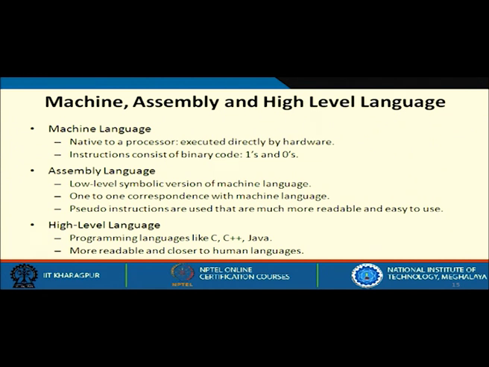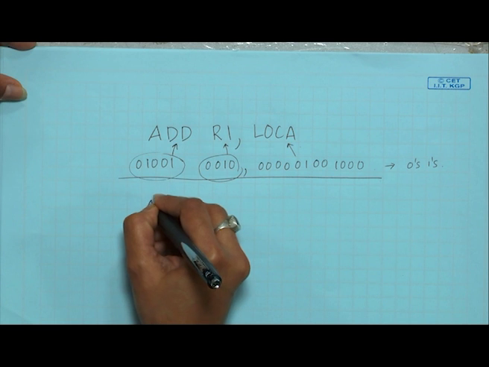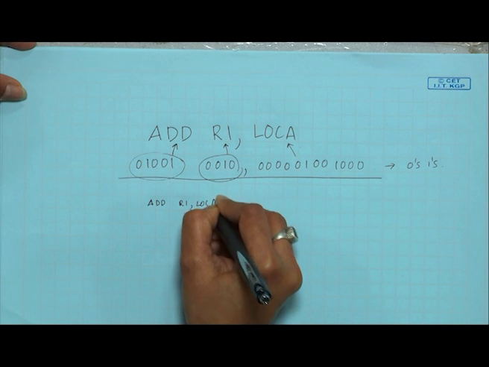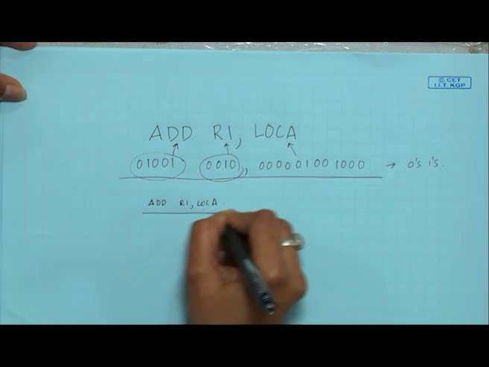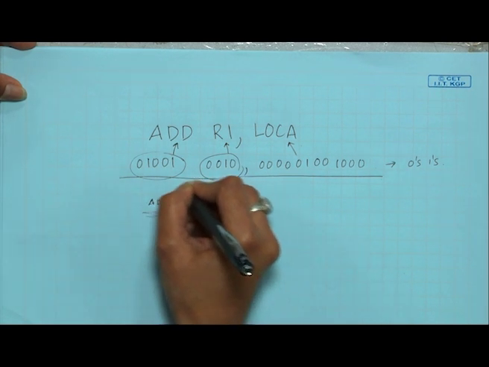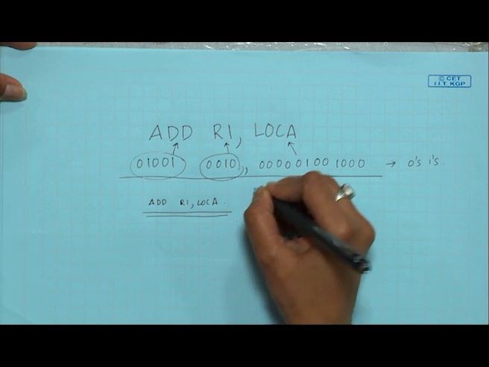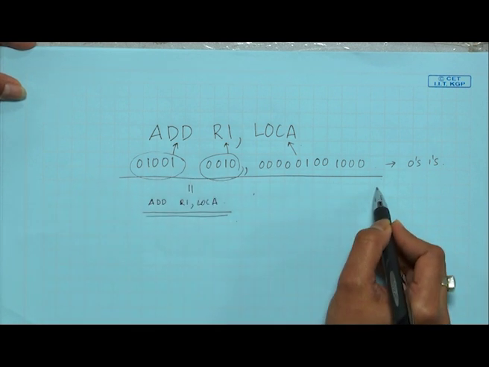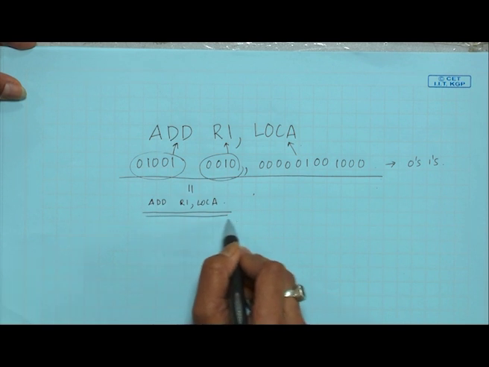Next is assembly language. It is also a low level symbolic version of machine language. Now, instead of this, I write it symbolically, that is add R1 comma LOCA. This is a symbolic representation of the same instruction, both are equivalent, except that instead of writing zeros and ones, I am writing it with some mnemonics.